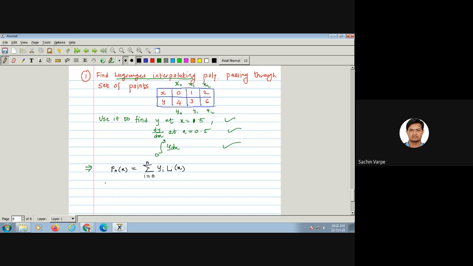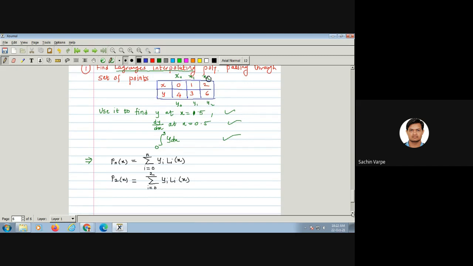So here what is n? n is 2, right? Because i varies from 0 to n, x naught, x1, x2 up to xn. So n is 2. So P2 of x will be equal to summation yi li of x, i varies from 0 to 2, right?